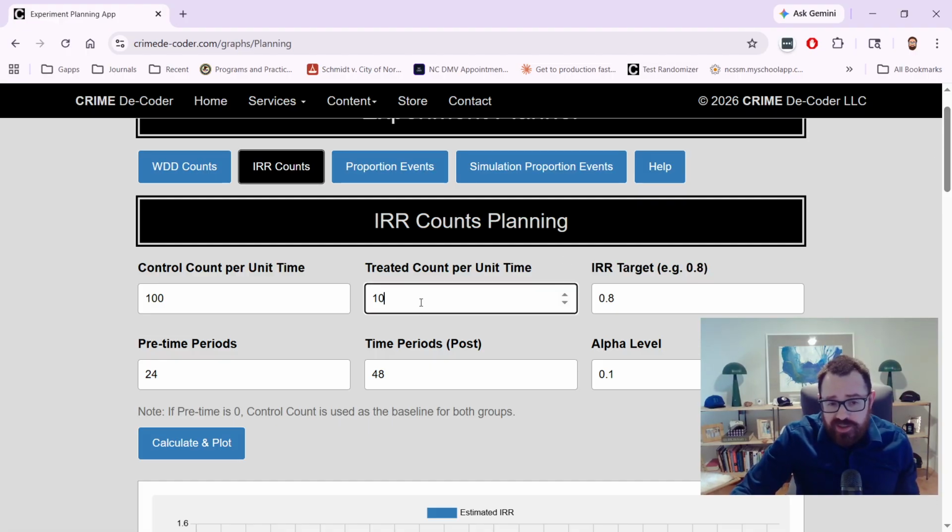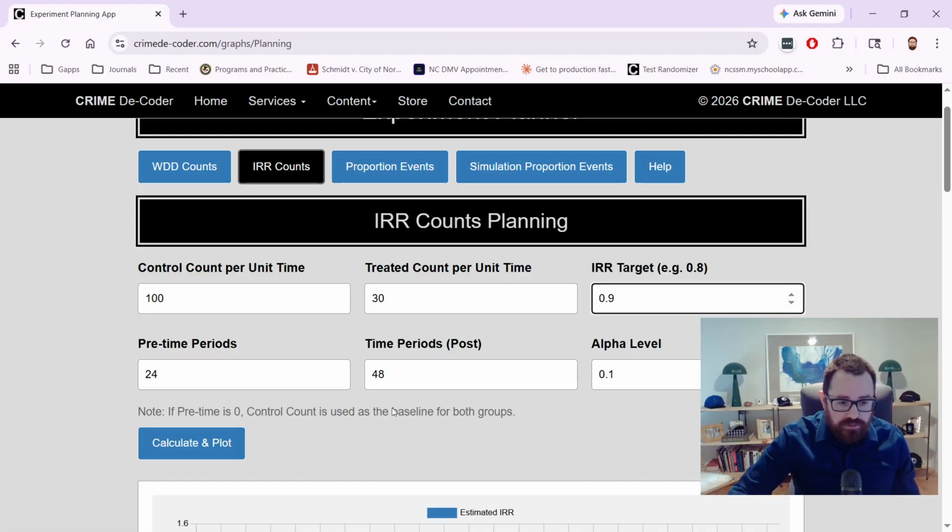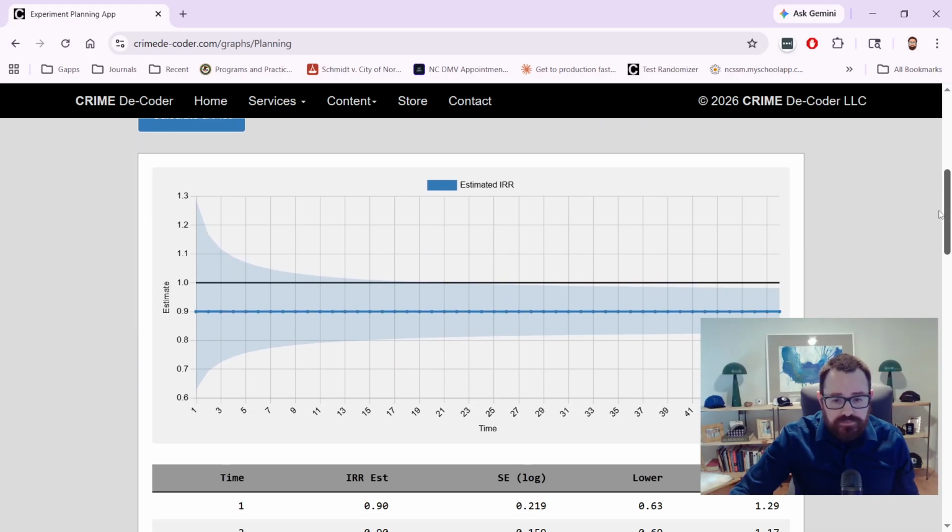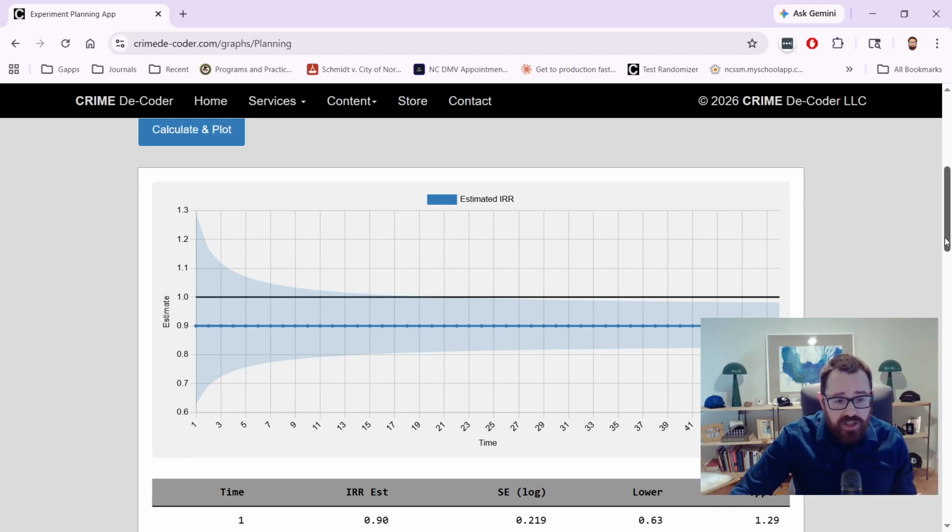Or we should think about potentially expanding our treatment area. So say you change this baseline up to more crimes. Here you can see it still takes almost 2 years to not cover 0 in this scenario.